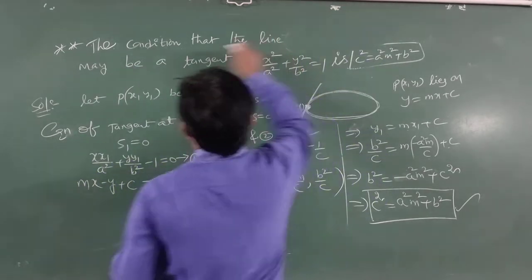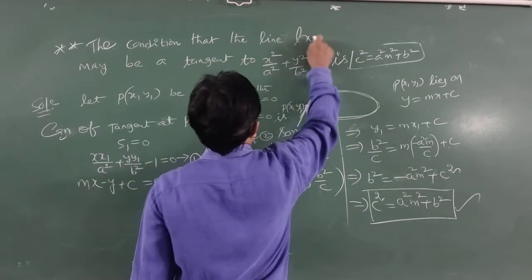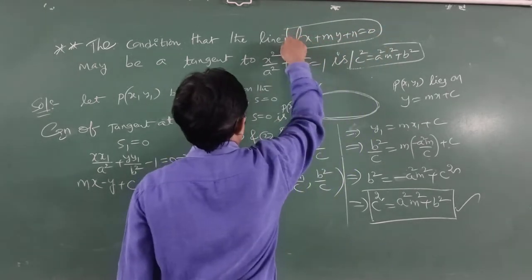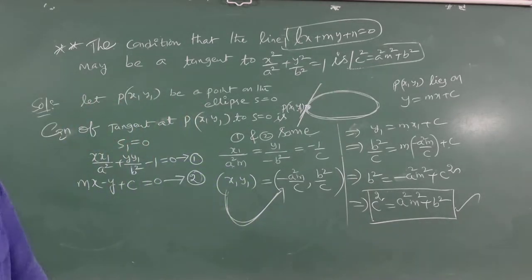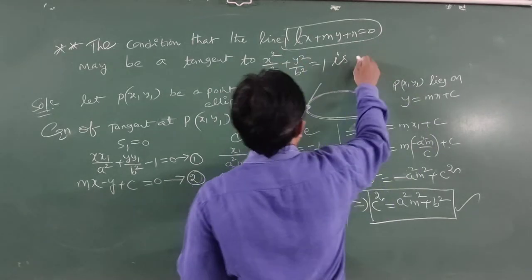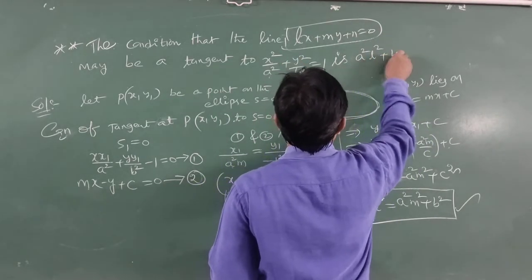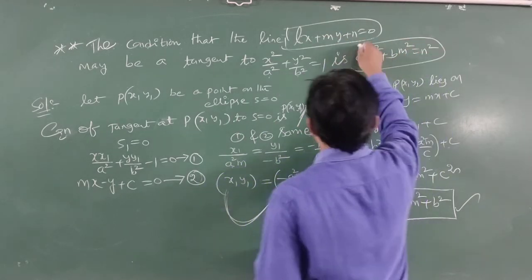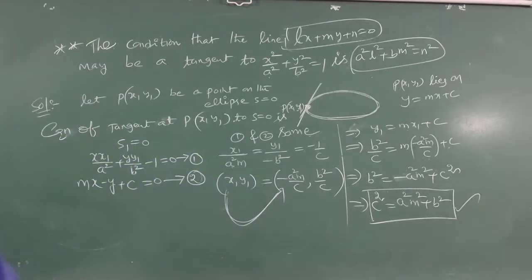Similarly, students, we can prove: suppose we take the line lx + my + n = 0. The condition that the line lx + my + n = 0 may be a tangent to the ellipse is a²l² + b²m² = n².